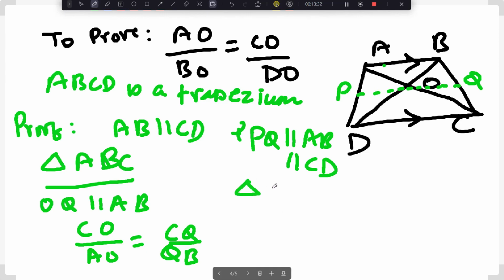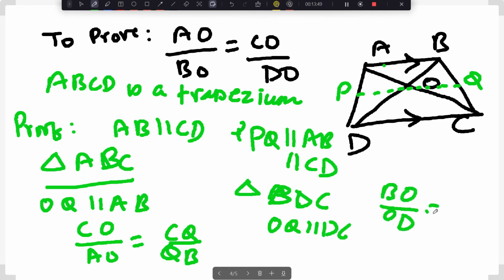And if you look at triangle BDC, we'll look at this triangle. पहले हमने ABC देखा, अभी BDC देख रहे हैं. BDC में क्या है? Again OQ is parallel to DC. So therefore BO by OD is equal to BQ by QC. Now this is equation 1.